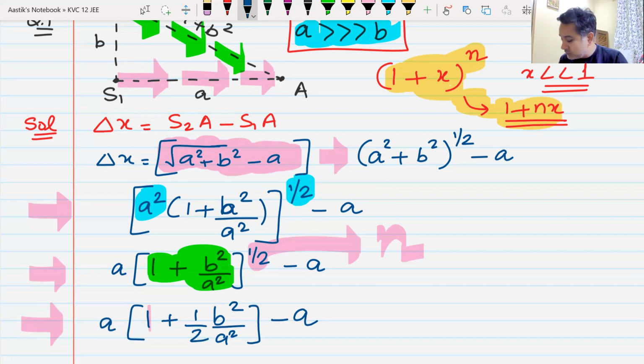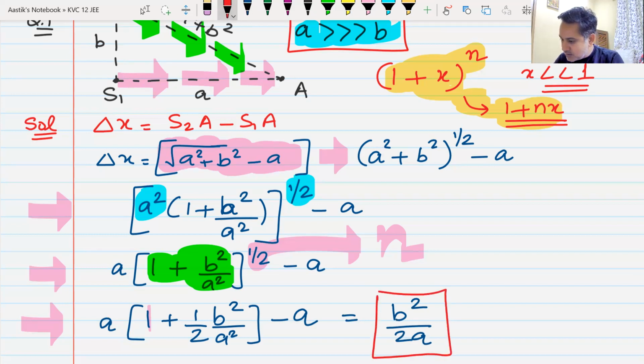Then I can do a bit of simple maths. The a will get cancelled, and I will end up with this answer, b square by 2a. That becomes the path difference. And this is purely maths. It has got nothing to do with physics. Do we understand what I have done? Yes, sir. This is purely maths.